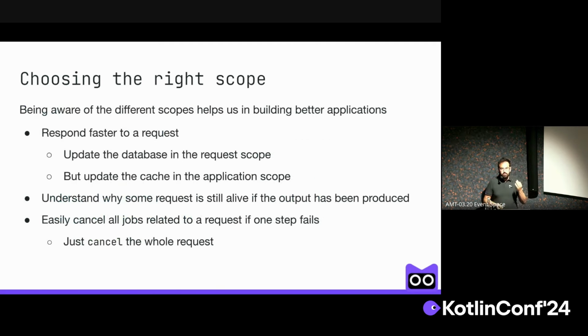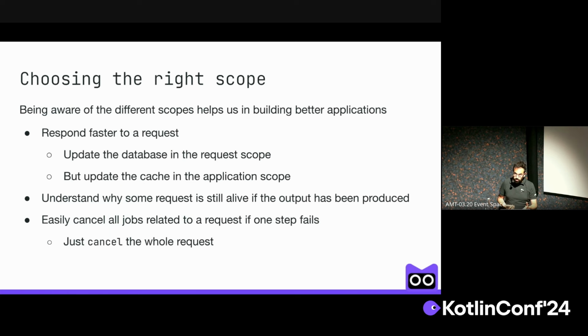And why this is interesting is because being aware of these different scopes allows us to build better Ktor applications. We can respond faster to requests. For example, we can update the database in the request scope, but maybe the cache can be done separately on the application scope. The whole request doesn't have to wait to do this.